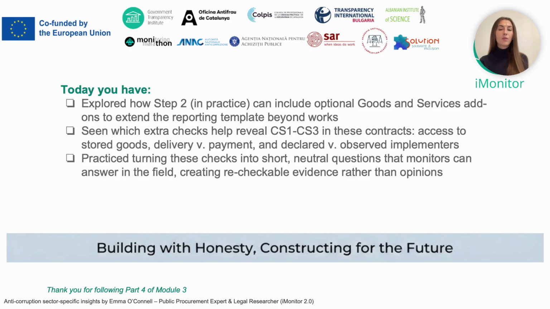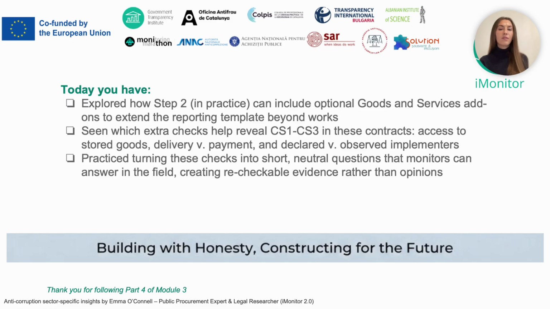And after the existing question on whether issued payments look consistent, we also added, do paid quantities match received quantities for the items you checked? Now, these are all different ways of spotting Corruption Scheme 2, substandard or undelivered outputs compared to the payments. You might see cheaper models instead of the specified ones, ghost items that are paid but not received, or even missing conformity documents that suggest quality and safety corners have been cut.